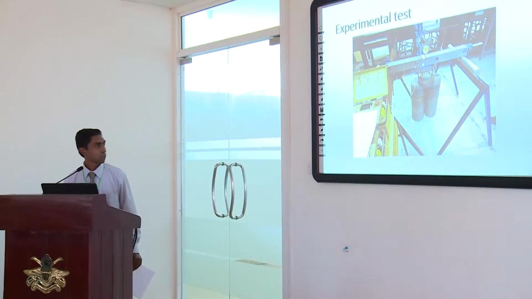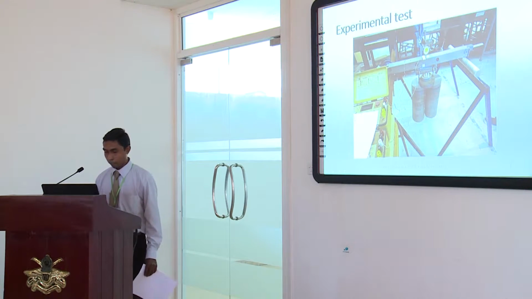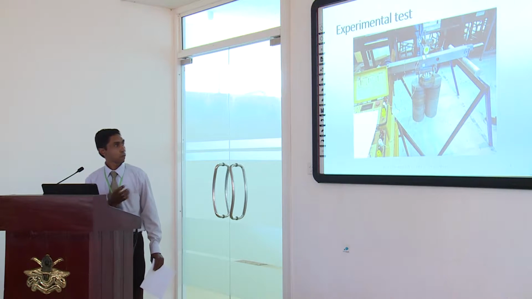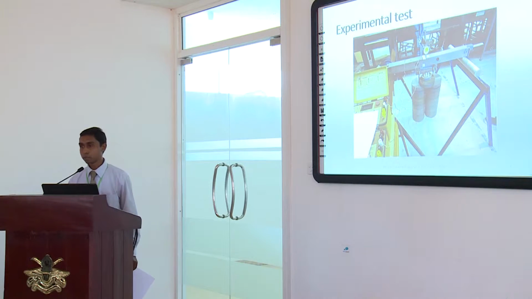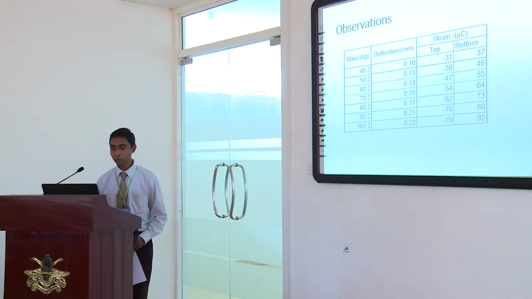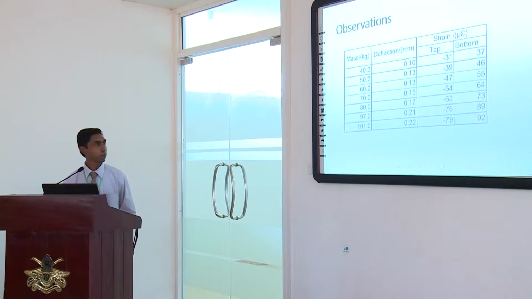These are the strain gauge value readers. After that, I applied several loads on the holder, then measured the deflection and strain values. This is the observation result: applied weight and relevant deflection and strain at top and bottom.